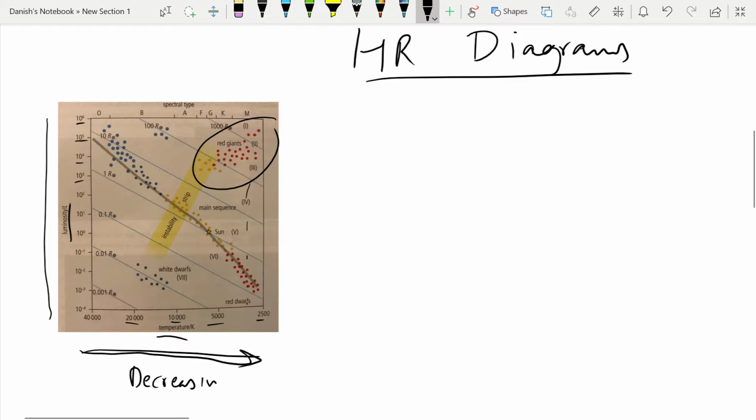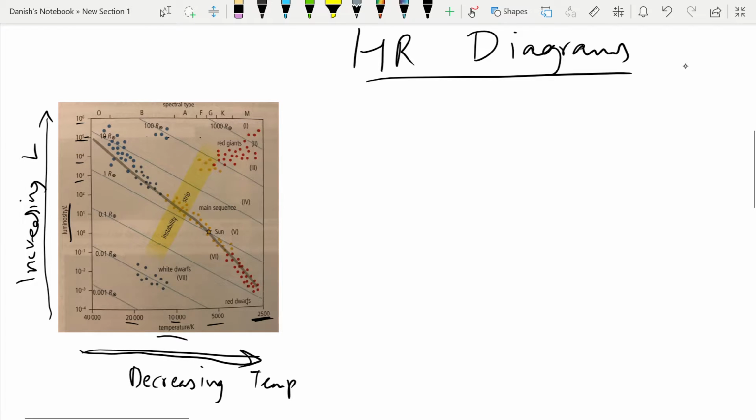Decreasing temp. And the luminosity is increasing. So as we look at these red giants, we know that they are cold. They're very cold, but their luminosity is extremely high. If we go right here, it's very high luminosity.